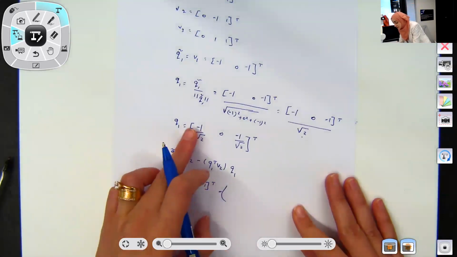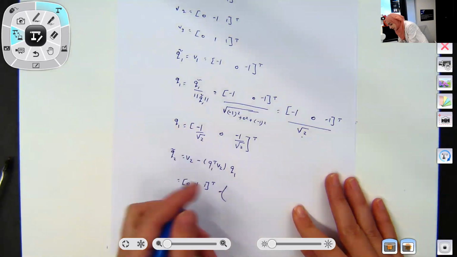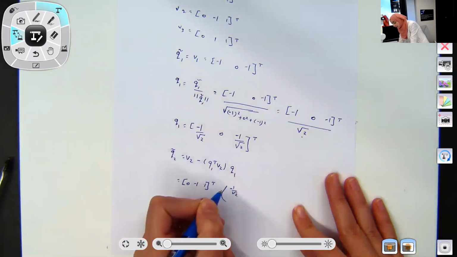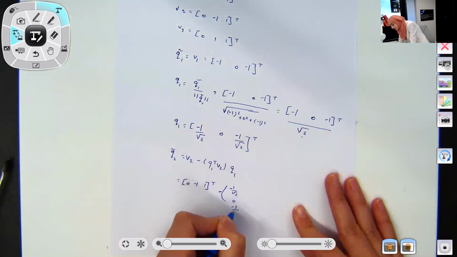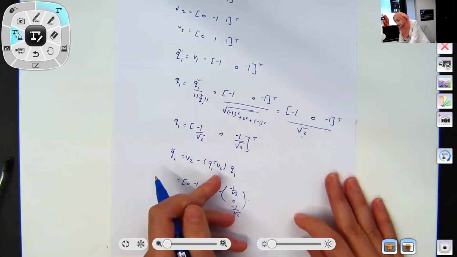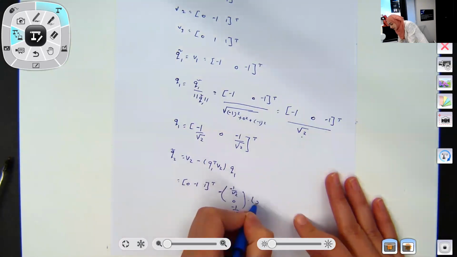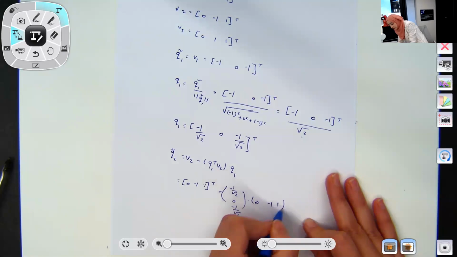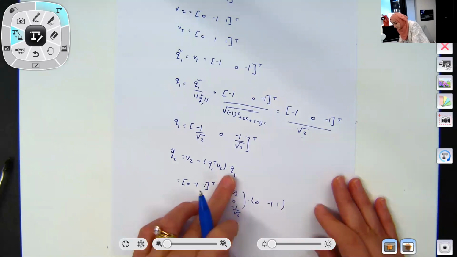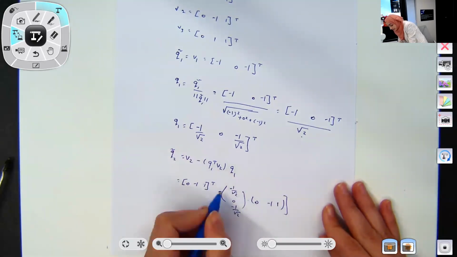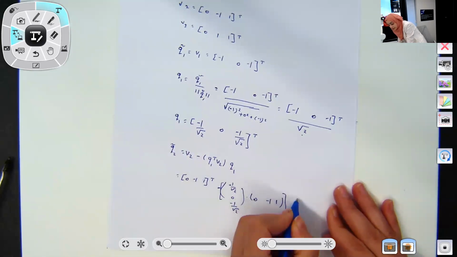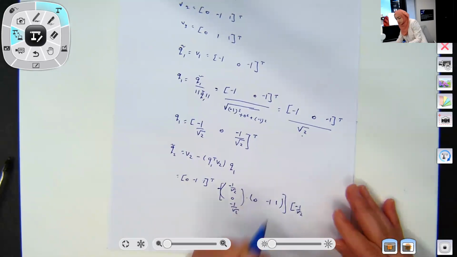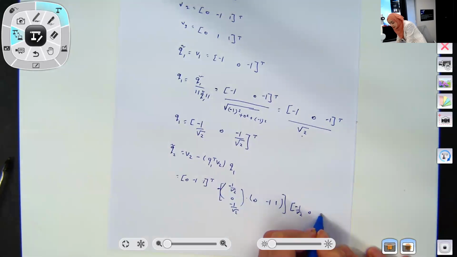Q1 transpose is minus 1 over square root of 2, 0, and minus 1 over square root of 2. This is multiplied with V2, which equals 0, minus 1, and 1. And all of these multiplied with Q1, which equals minus 1 over square root of 2, 0, minus 1 over square root of 2.